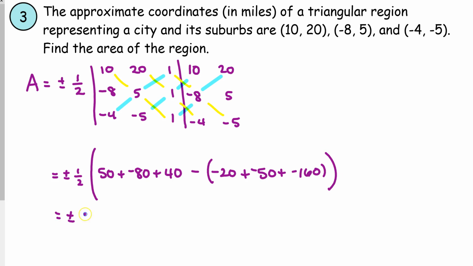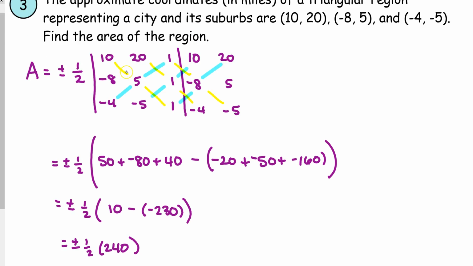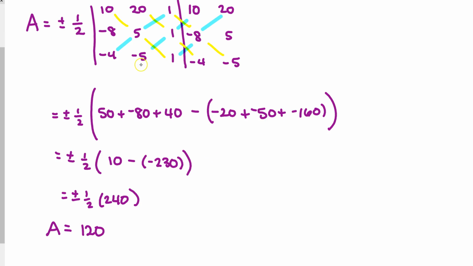So we have plus or minus 1/2 times 10 minus negative 230, if I did that right. So that would be plus or minus 1/2 times 240. So we want the plus, not the minus, because we want a positive area. So the area is 120, and the units were miles, so 120 square miles.